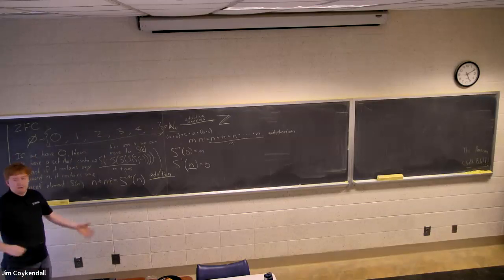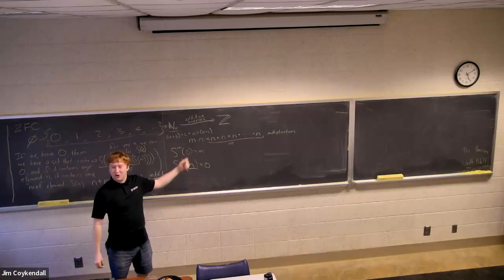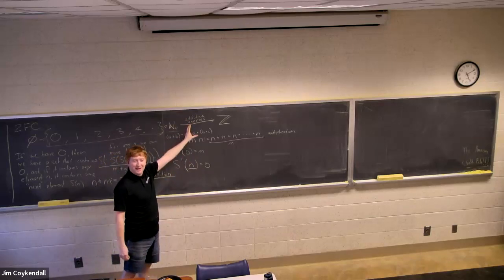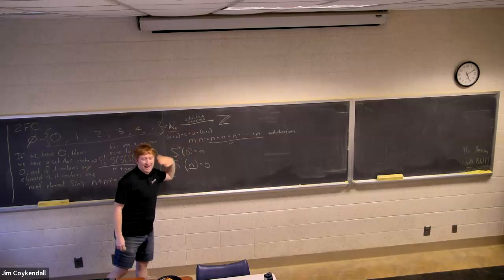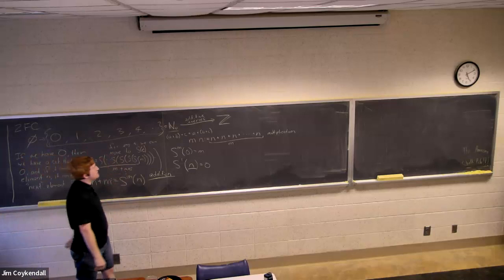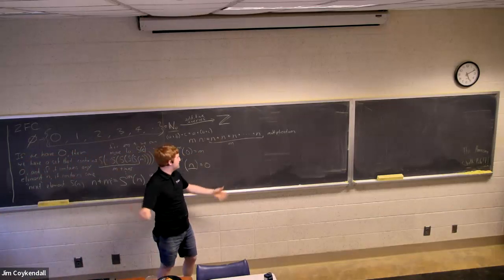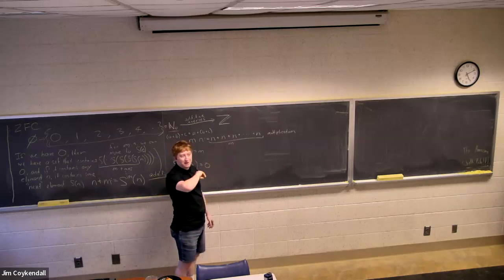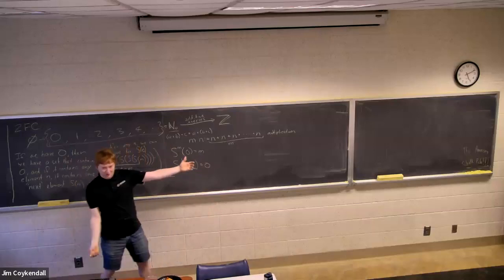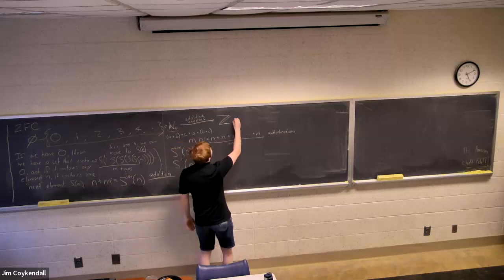Okay, so let's just go ahead and jump to that next step, because I think we all know where this next step is headed. We had addition. We wanted to be able to subtract. We wanted to have these additive inverses. So we threw in the negative numbers and got the integers. Now we've got multiplication. So now let's answer the question, what happens if I want to be able to divide by a number, to do the inverse of multiplication, find these multiplicative inverses?